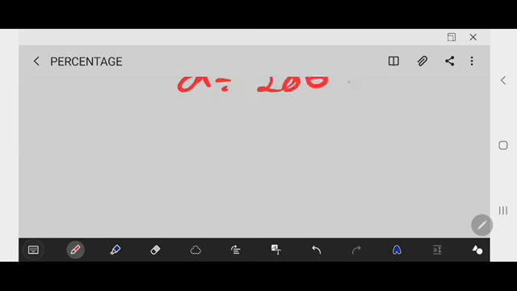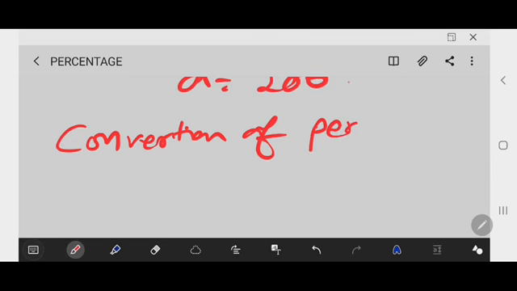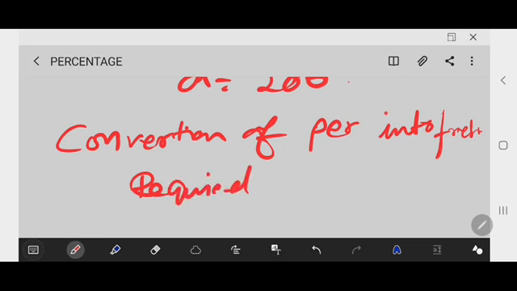The next thing generally asked in examinations is conversion of percentage into fraction. How will we do that? The trick is, the required fraction is x by 100.